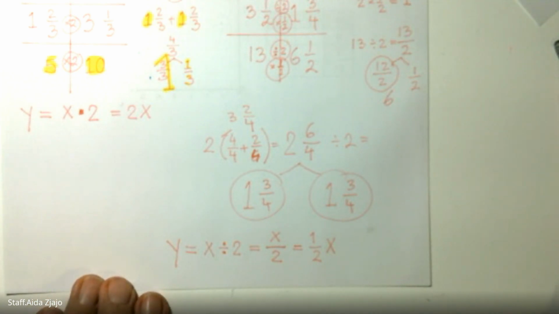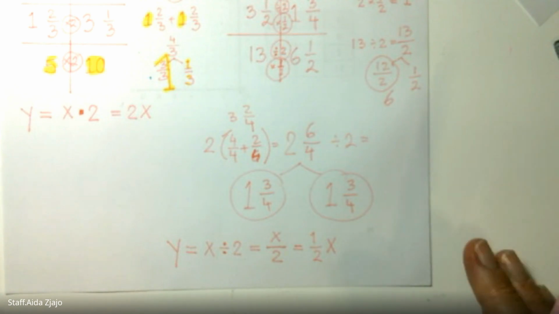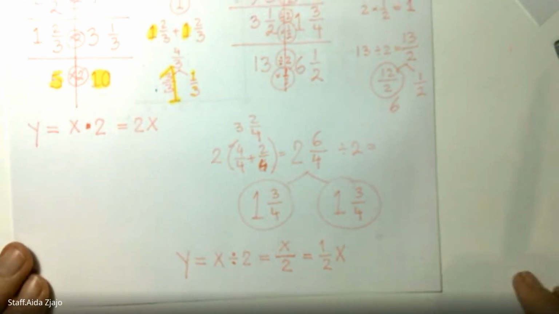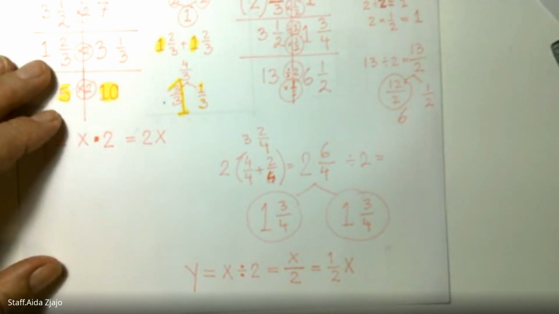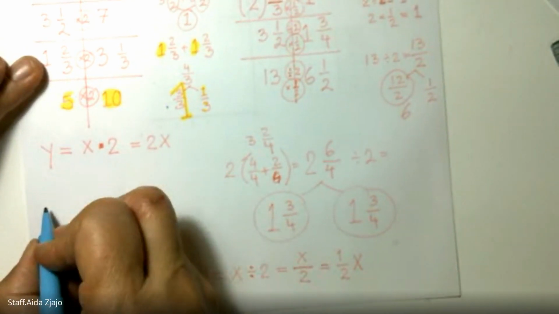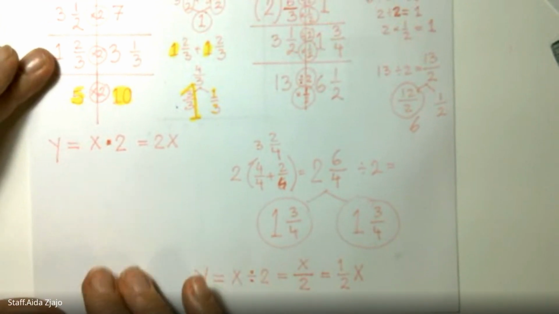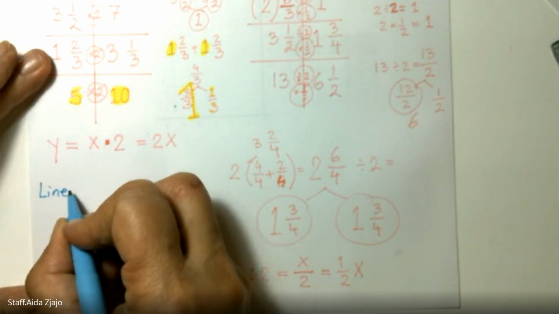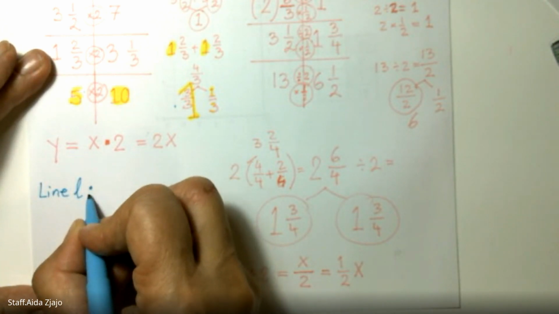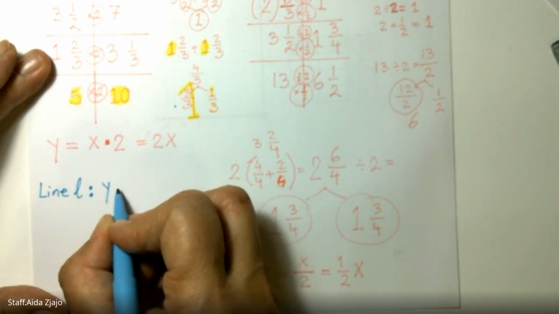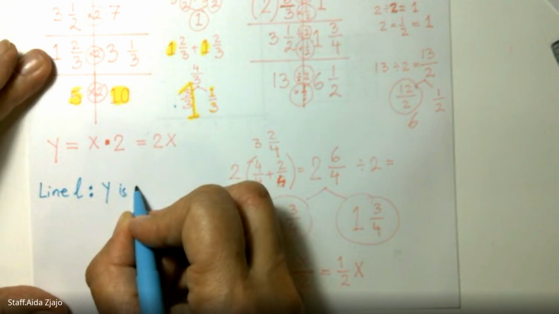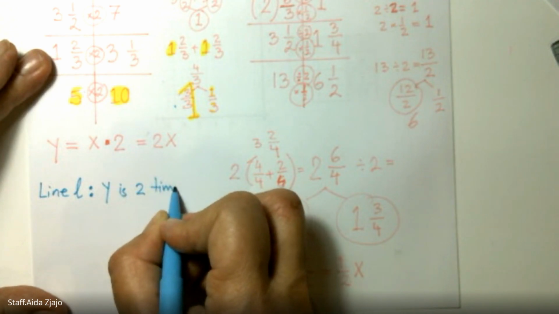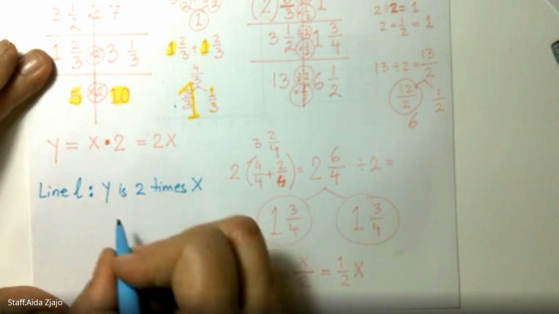All right. So if we need to write all this now, I'm going to use this area here. Line L: y is 2 times x.